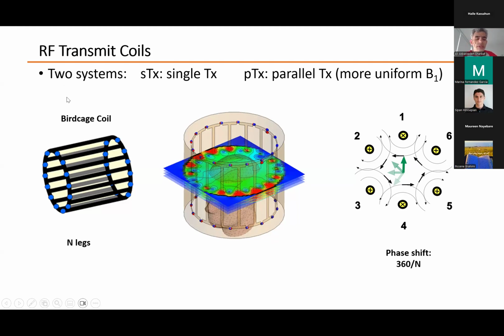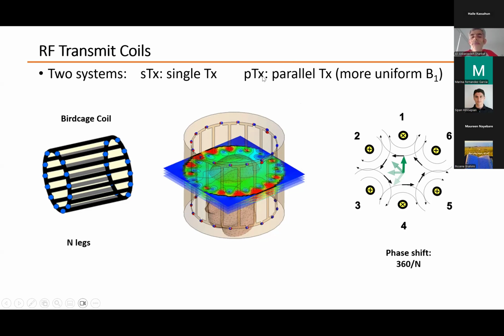I should note that there are two main systems: single TX and parallel TX. In single TX, the MRI machine has only one output for the transmit signal, just like the birdcage. So you apply that signal to one point of the coil and you have to do the phase shift with components like capacitors to get the right signal for the other legs.